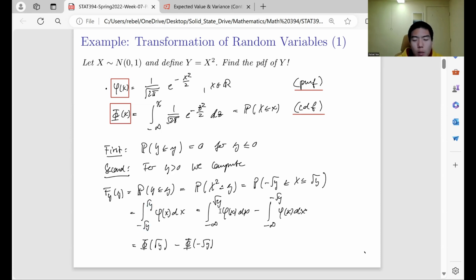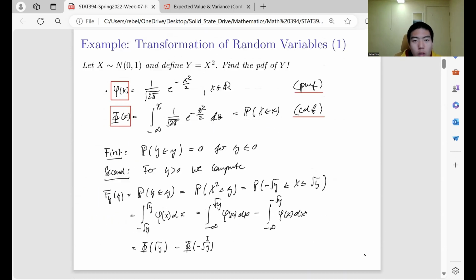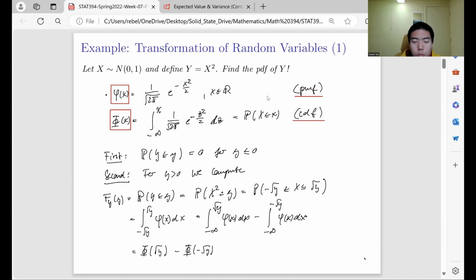If we subtract the lower bound from the upper bound, both starting from negative infinity, it becomes two CDFs minus each other. So we get the CDF here. It is just the CDF at root y minus the CDF at negative root y, using the CDF notation. Okay, after we know the CDF, we compute the PDF.